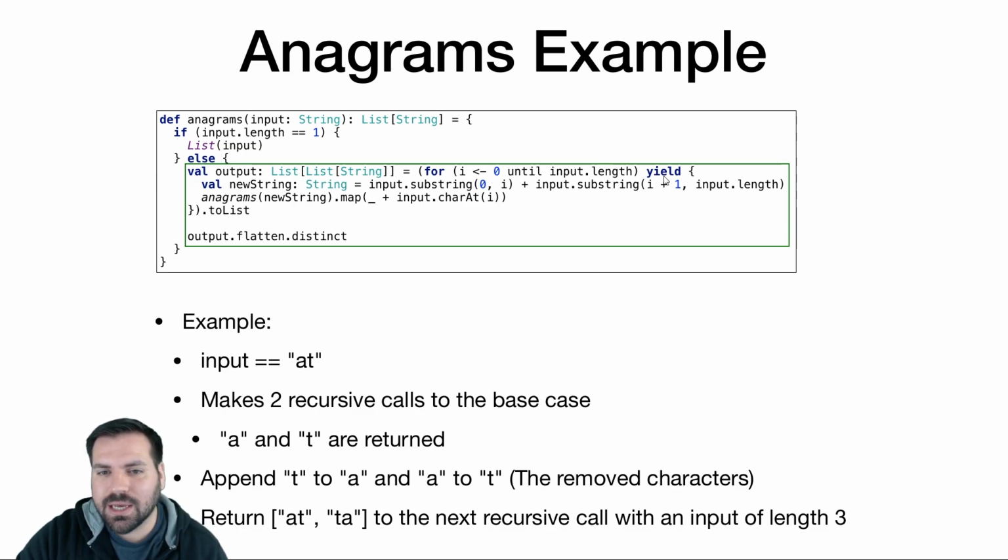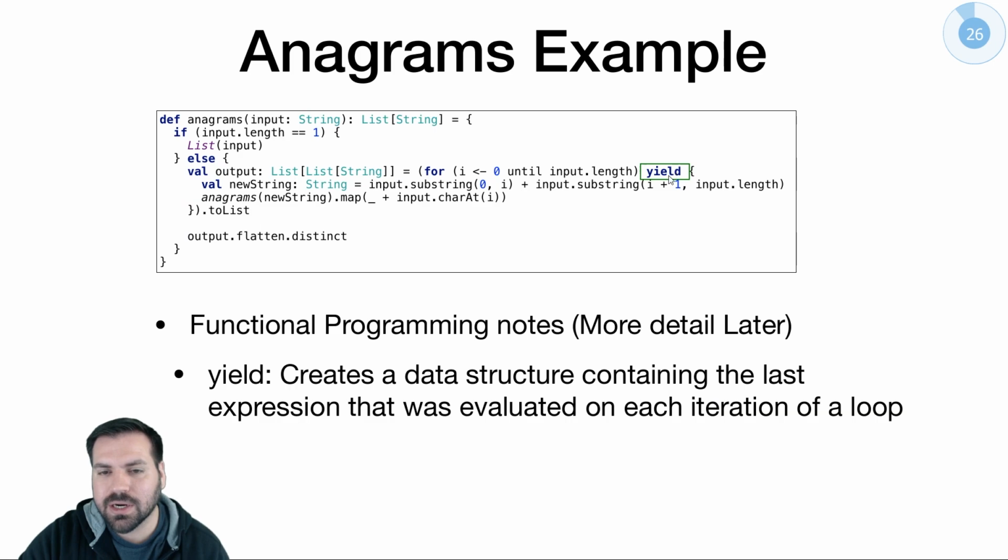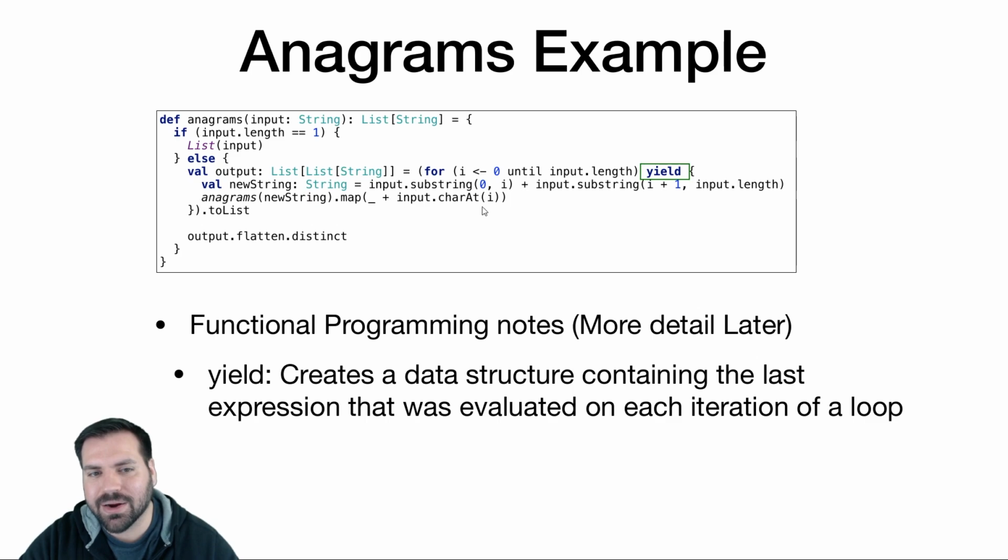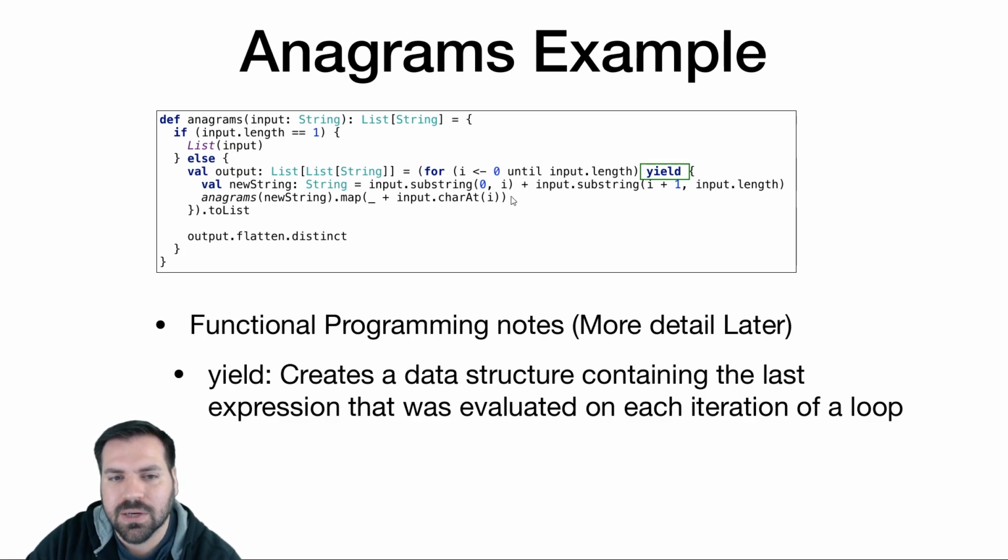We're going to use the yield keyword to collect all the results. So for each character that we remove and compute all the anagrams of, we're going to collect all those into a data structure. This is going to return a list, and we're going to map that list by calling this function, which appends that character to the end of each string in the list that's returned from anagrams from the recursive call. So this is a list. This is the last expression to be evaluated in the body of this loop.